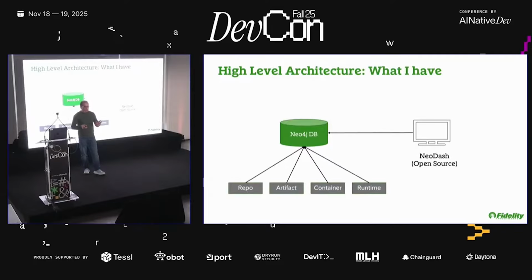So this is a high-level architecture I just talked about, from repository to artifact to container images to runtime. We gather data and put it in a graph, and they are all connected via different relationships. And then we started using NeoDash, which comes with Neo4j, open source, out of the box.